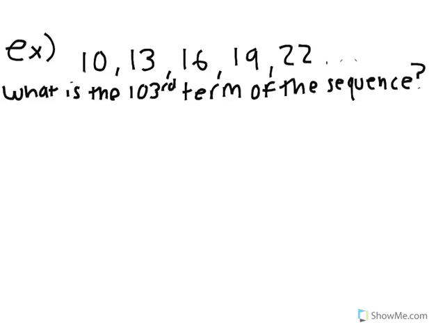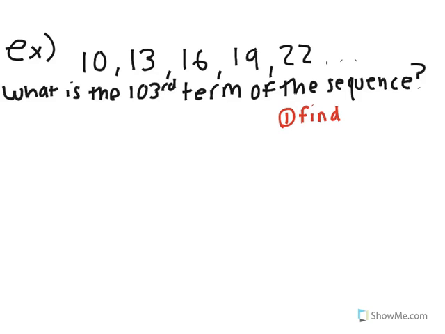Now let's see how this is applied. This is usually applied when I want to find a really high numbered term. I know that I could probably just add the common difference over and over again until I got to that term, but sometimes the numbers are too high to do that. So here I have a sequence. My first step is going to be to find the common difference.